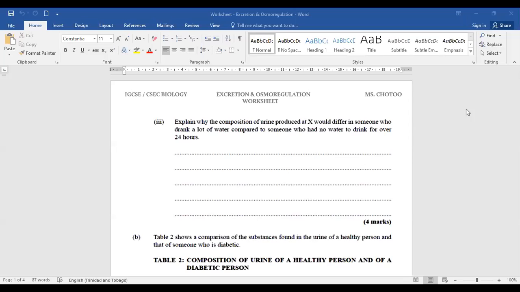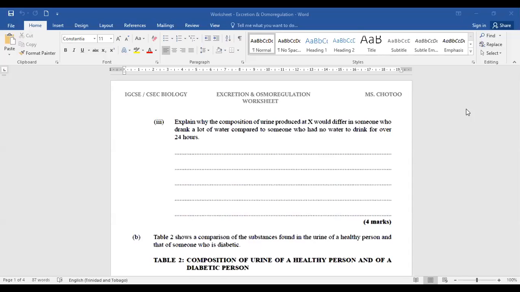You need to pee? Yes, Nirvana, you'll need to pee. But the composition of urine, they want to know how it's different. So yes, you have the urge to pee, but how is the pee different as compared to somebody who didn't drink as much water as you would have?